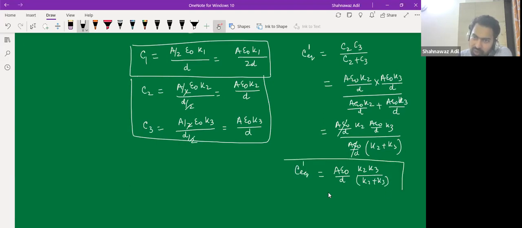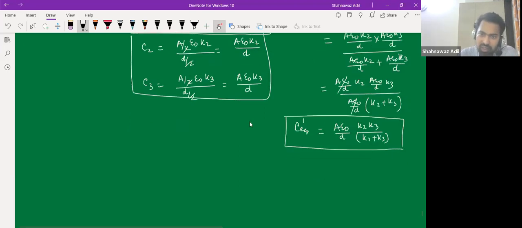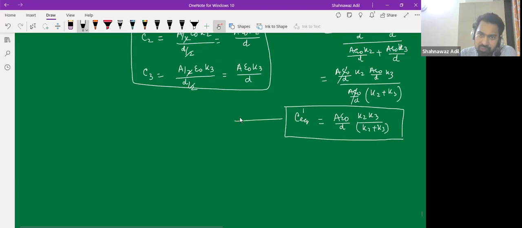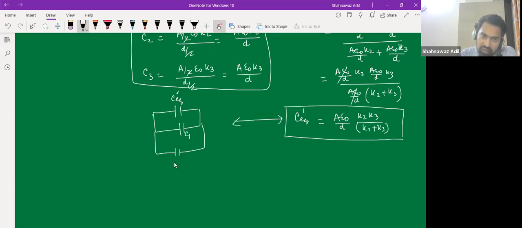Now the effective diagram is: we have this C equivalent 1 and C1, connected in parallel. So C equivalent would be C1 plus C equivalent 1.